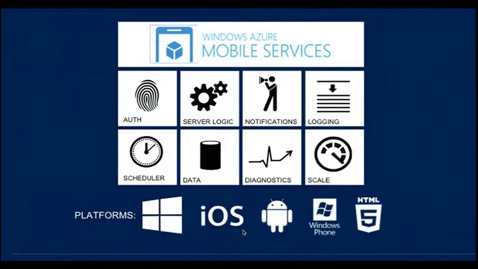So what is mobile services? This is the 30-second overview. Mobile services gives you a backend for your mobile application that lives in the cloud. If you're a client-side developer or a mobile developer building apps today on a mobile device, and we support all these different platforms, iOS, Android, Windows 8, Windows Phone, then as soon as you try to take that application and scale it out, you need to think about where data is going to be stored.